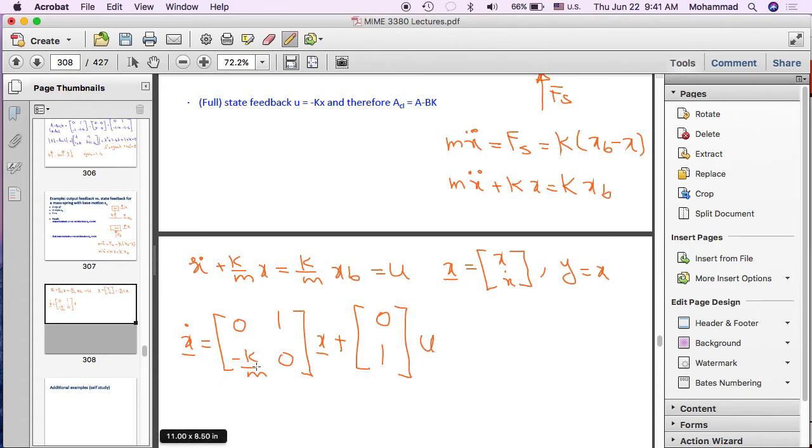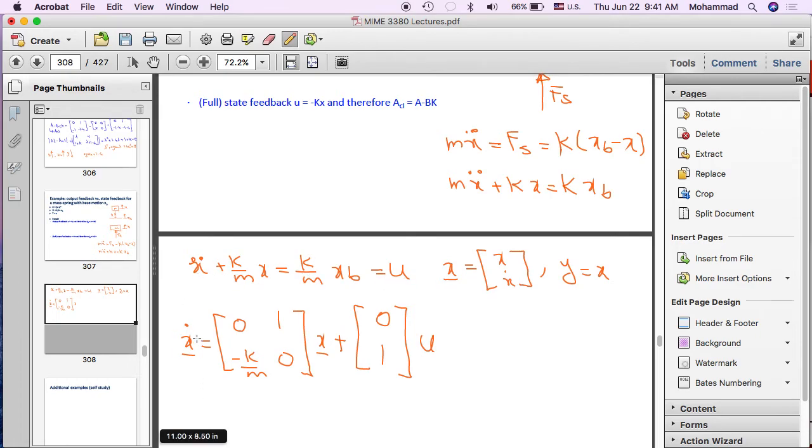So the second line of the state space model basically replicates this, except that we don't have k over m here because we called k over m times xb. This entire portion, we called it u, so then 1 is multiplied by u.